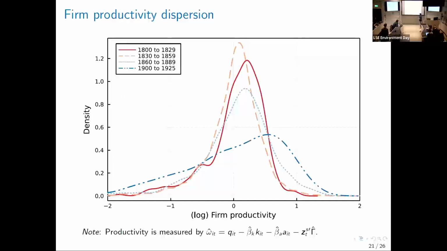And then you can see the large dispersion of productivity, so it's quite huge. Especially the lower tail tells that there are many unproductive firms operating. And we can also see that over time, this situation becomes more severe in the later period.